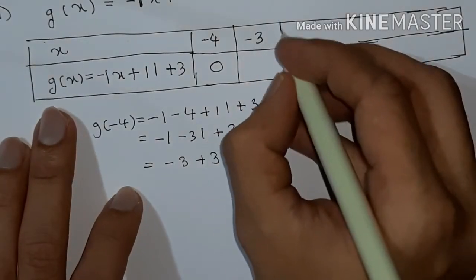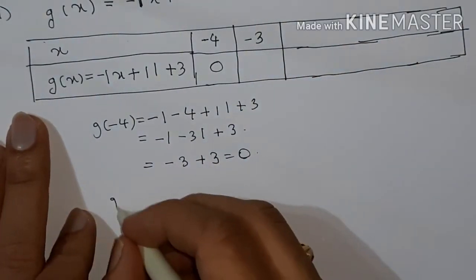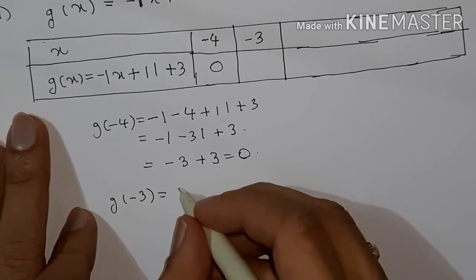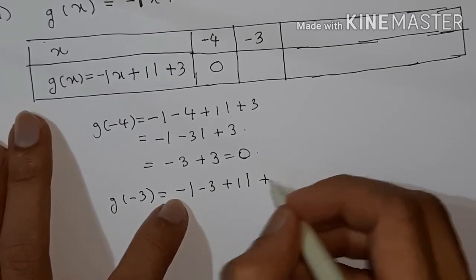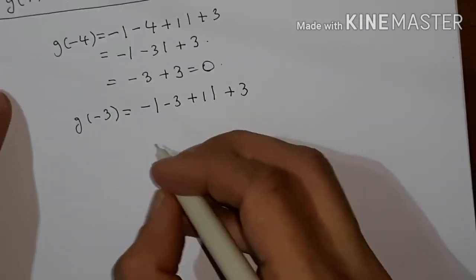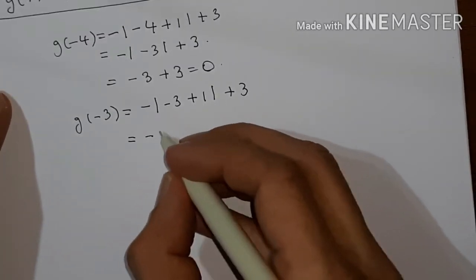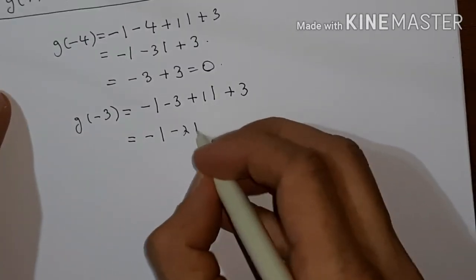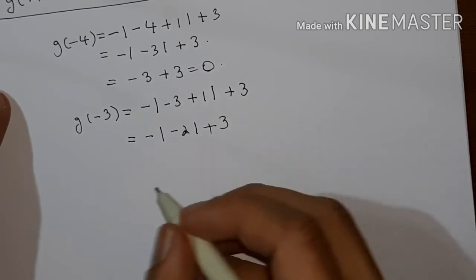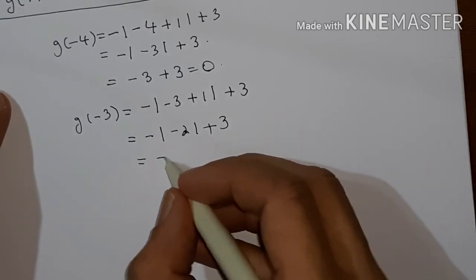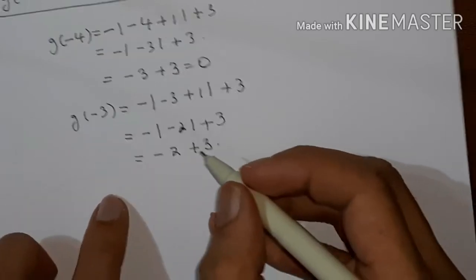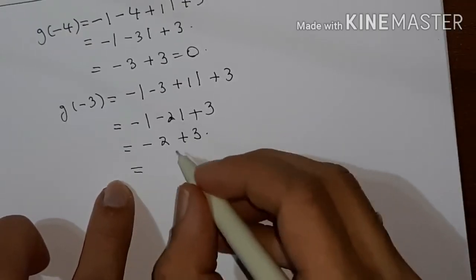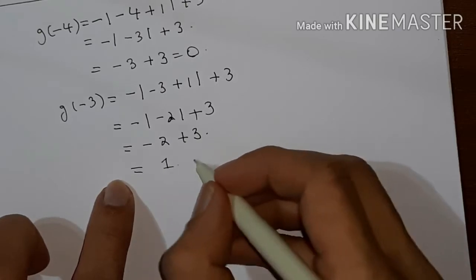Then if you take minus 3, what will you get? g of minus 3, which is minus of modulus of minus 3 plus 1, plus 3, right? So which is what? Minus of modulus of minus 2, plus 3. Okay, so that is minus of 2 and then plus 3, right? Then minus 2 plus 3 is 1.